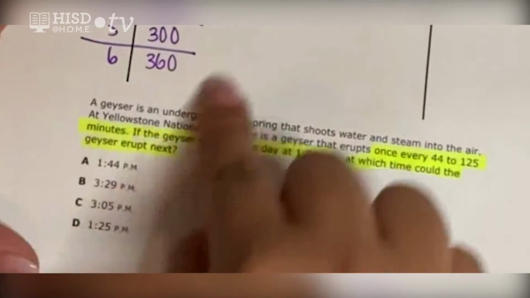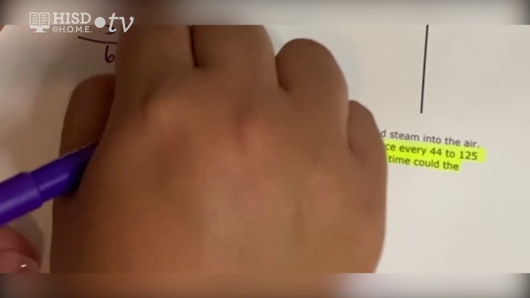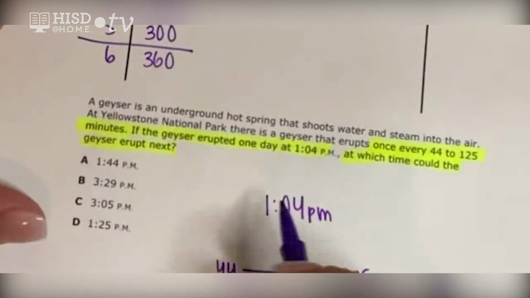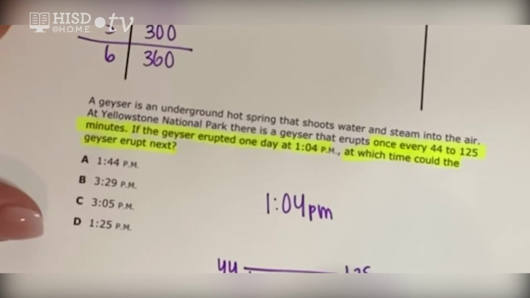Now we know, fourth graders, how many minutes are in an hour, right? 60. So if we add 44 minutes to 1:04, do we go over 60 or under 60? What do you think? 44 plus 4, is that over 60 or under 60? Yeah, that's under 60. Very good.